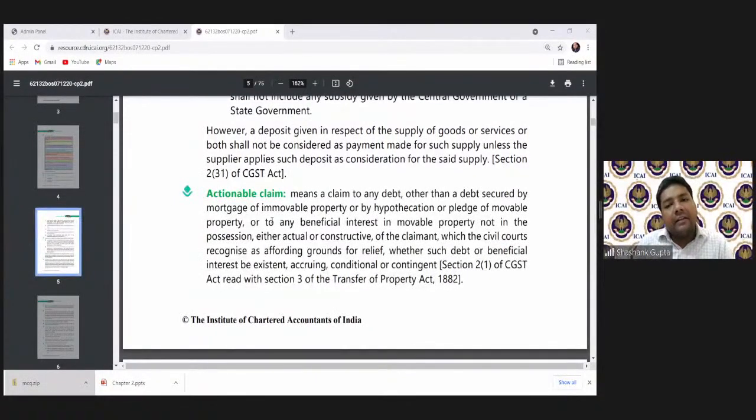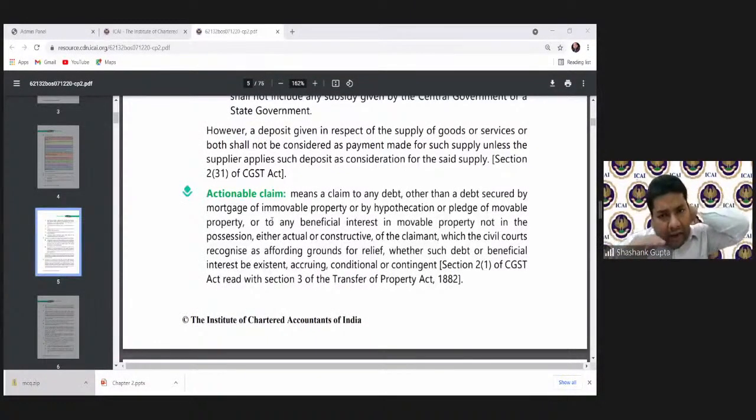So they are saying that such debt or beneficial interest could be existing, that it is already there; accruing, that is, step by step it is accruing to you; conditional, it is subject to a condition that you fulfill certain conditions and then this right in debt or right in movable property will accrue to you; or contingent, that if this happens, you'll be given this right. If this does not happen, this right will not be given to you.